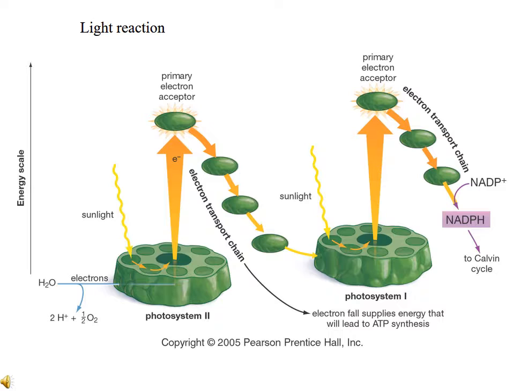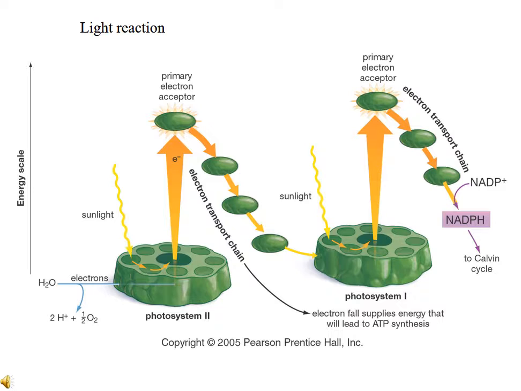And this process continues from one photosystem to another photosystem, so you end up with basically lots of ATP and a considerable amount of NADPH, which are electron carriers. Okay, so now, what have we accomplished with the light reaction?